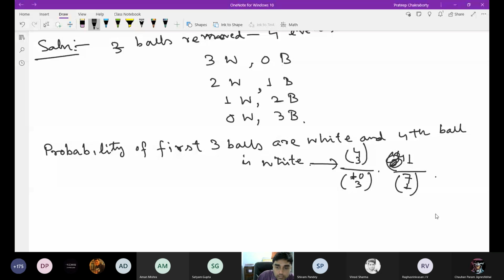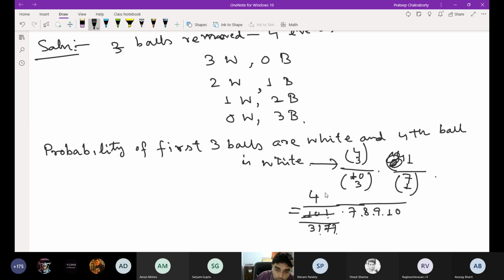Is it okay? 4 by 10 factorial by 3 factorial 7 factorial into 7, so 7, 8, 9, 10. So I get 1 by 210.